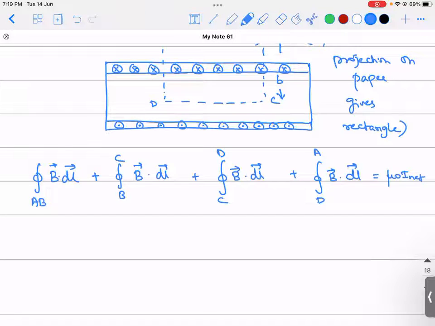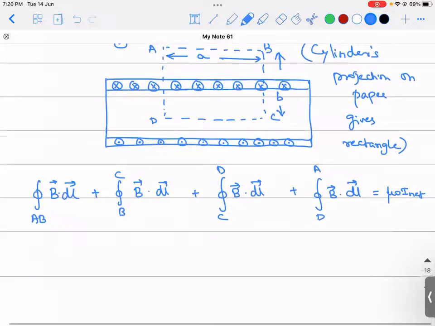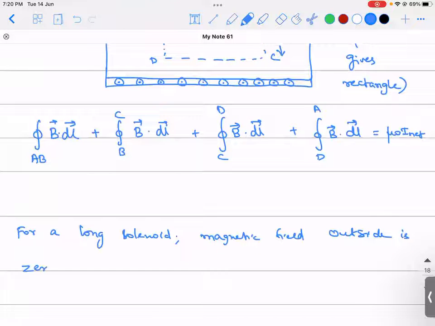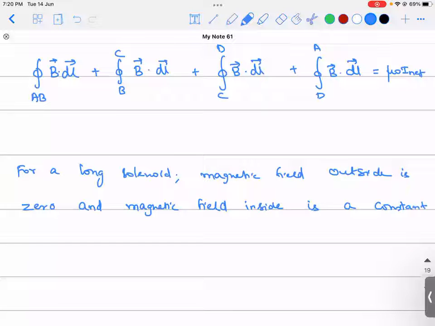So, if I look at the magnetic field outside for a long solenoid, generally what happens is the magnetic field outside is 0 and the magnetic field inside is a constant.